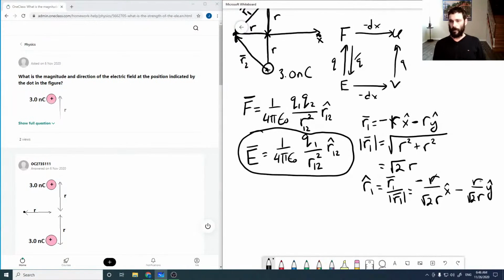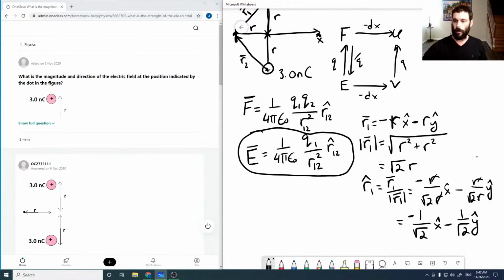So the R's will cancel, giving us minus 1 over root 2 X hat minus 1 over root 2 Y hat. Okay, so there's all of our stuff for our R1 vector.